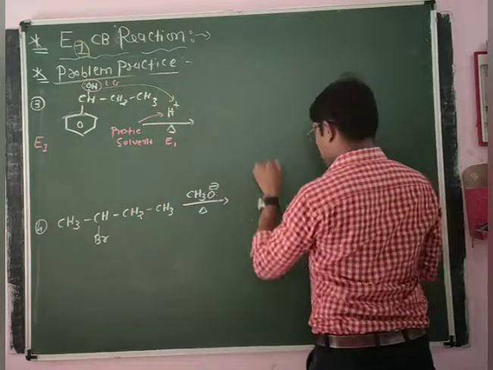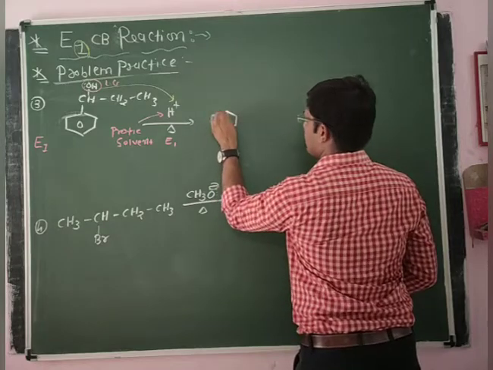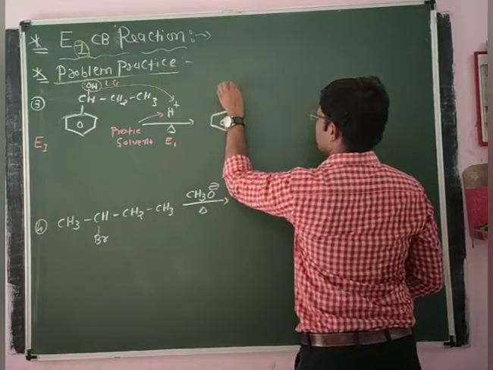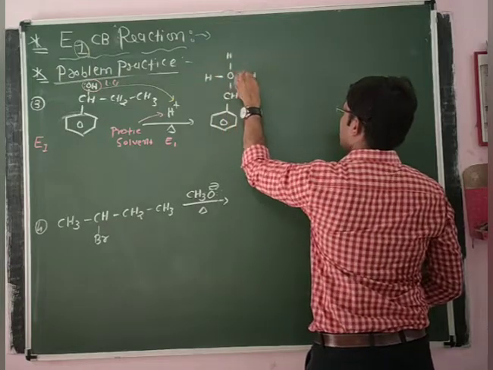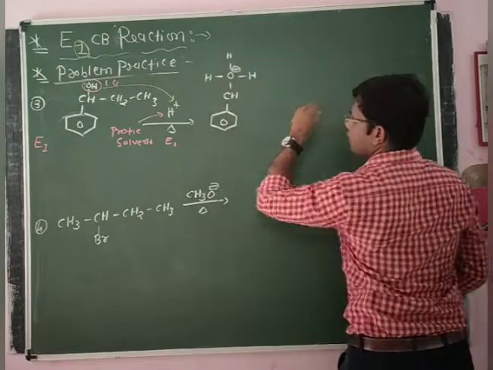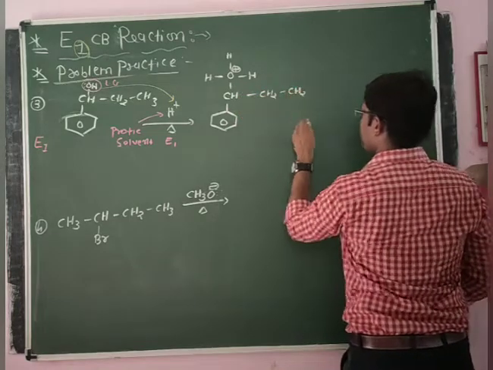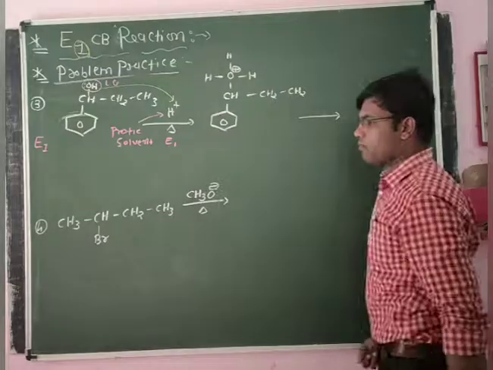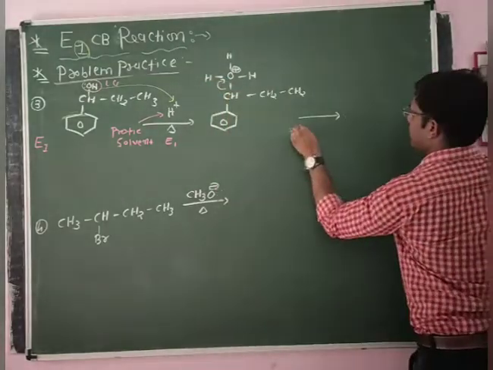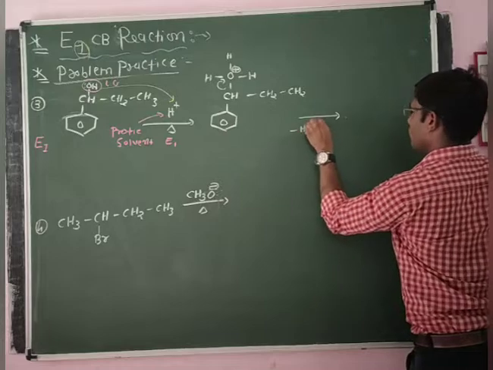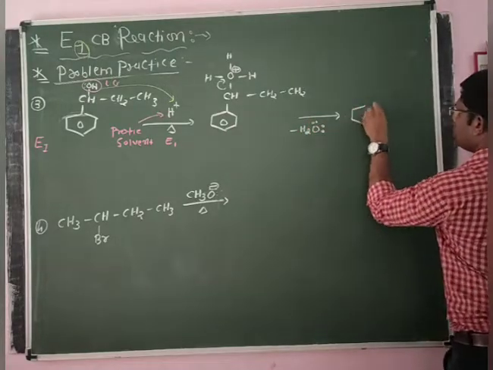There is protonation of this hydroxy group, and the lone pair is used, so it will be a positively charged CH2 CH3, and this protonated oxonium group is removed, minus H2O, and we get the carbocation.